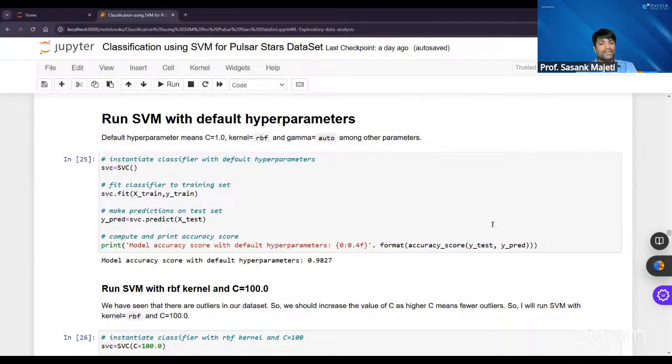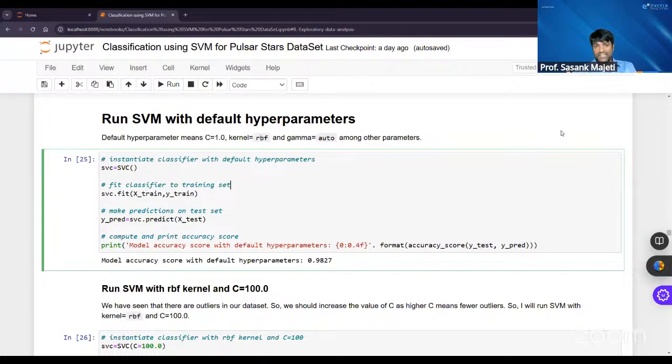Okay, so let us go with the first understanding of how to build the SVM model, or the support vector machine model. The first one we are going to take is to predict with the SVM. We are using the default parameters.